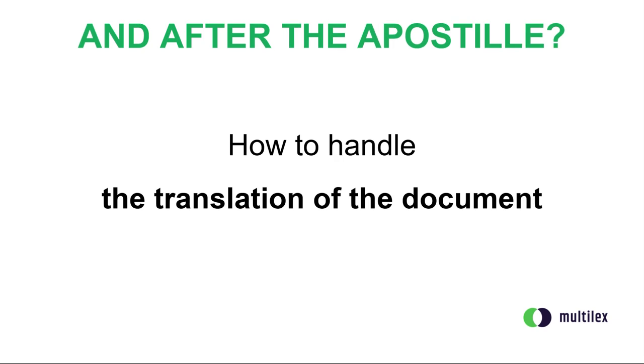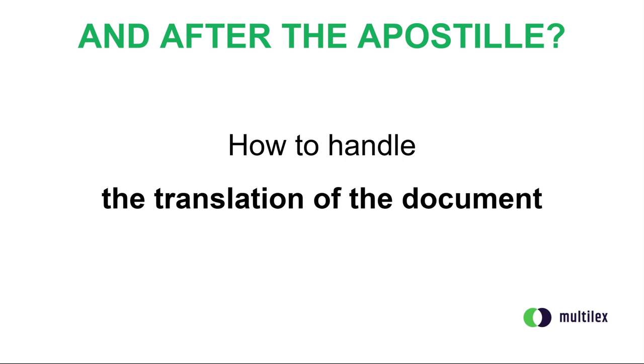But what happens after you apostille the document? Well, it depends on the specific country where you need to use the document. Usually, you will need to translate the document into a language which is officially recognized by the destination country.